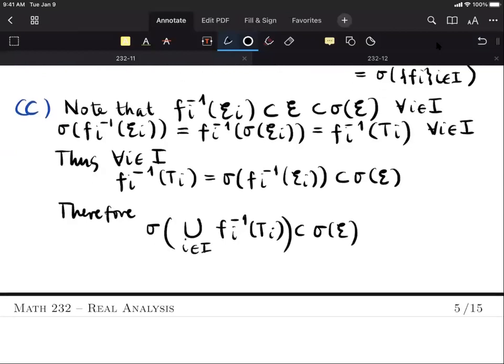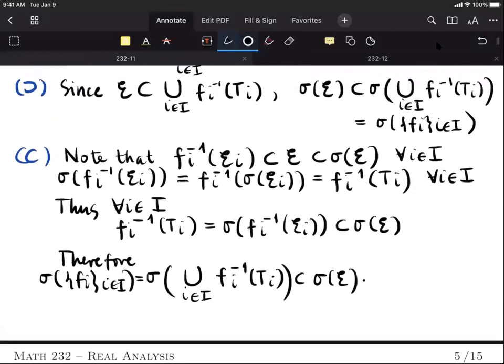And again, I recall that this is the initial sigma algebra generated by this indexed family of functions. And that's the reverse inclusion that we would like to establish.